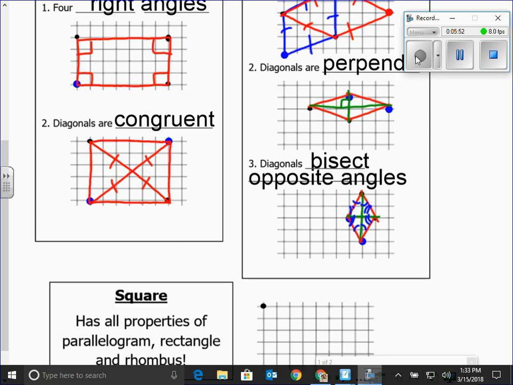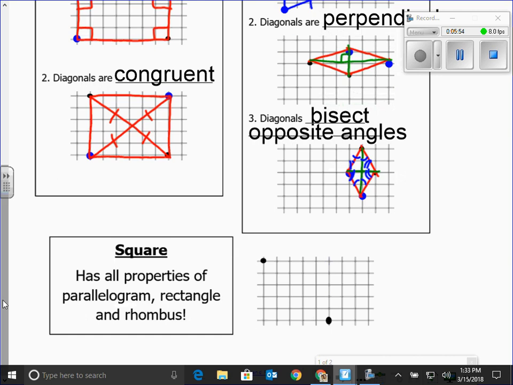And then when we talk about a square, it has everything of the parallelogram, everything of a rectangle, and everything of a rhombus. A square is all three rolled into one. Okay? So we had to complete our square.